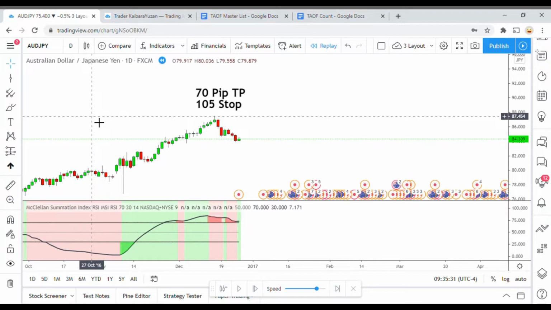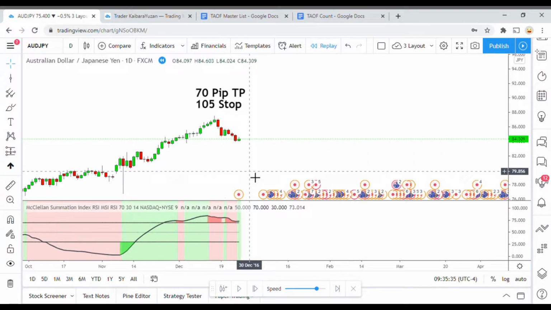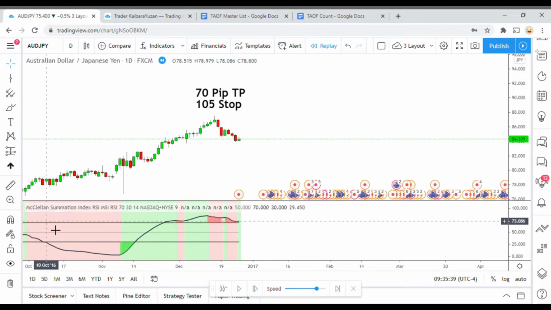And what this TradingView member has done is they have created an RSI that is calculated off of the McClellan Summation Index. Excuse me, I got the hiccups going on there. They have created an RSI that is calculated off the McClellan Summation Index.